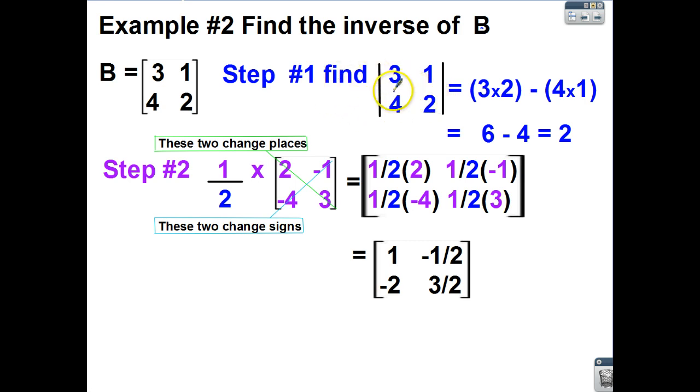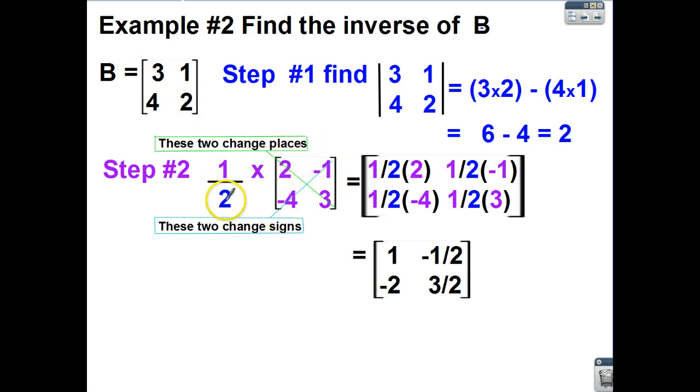Okay, so let's find the determinant here. So it's going to be 3 times 2, always minus 4 times 1. 3 times 2 is 6, 4 times 1 is 4, 6 minus 4 is 2. Okay, so now here is the formula from the other page. So we complete that fraction up front, so it's 1 over 2. And now what happens to these numbers in this matrix that we write here?